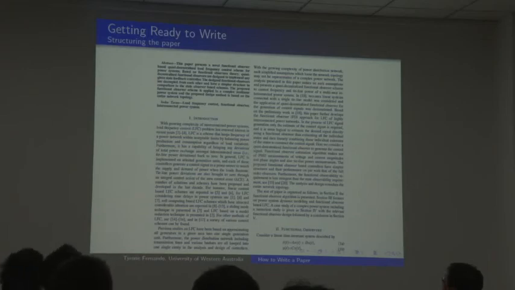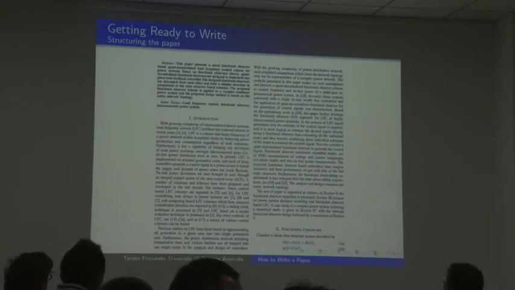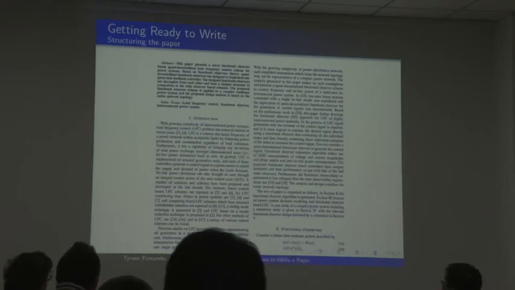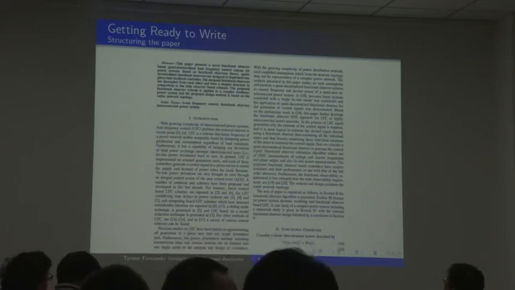In the second paragraph at the bottom, we say previous studies on LFC have been based on approximating all generation units in a given area into one single generation unit. Furthermore, the power distribution network, including transmission lines, with various bus bars, is all lumped into one single entity in the analysis and design of controllers. With the growing complexity of power distribution networks, such simplified assumptions which lose the network topology may not be representative of a complex network.